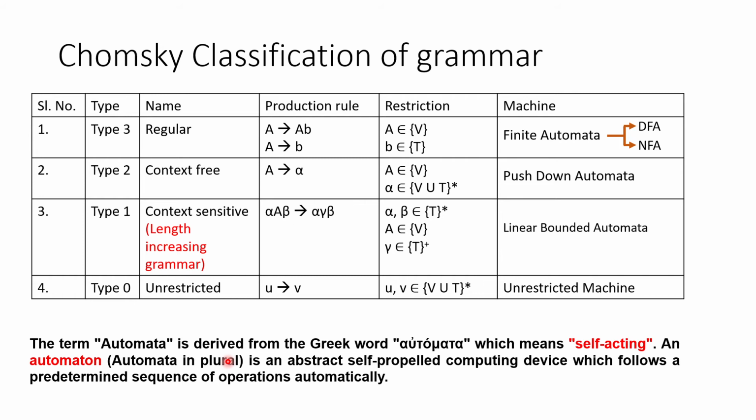Let's start from the beginning. The serial number 1 I've given as type 3, and it is not wrong, it is correct. The first one we call type 3 grammar, also called regular grammar, whose production rule is something like: A can be rewritten as A followed by small b, or A can be rewritten as small b.